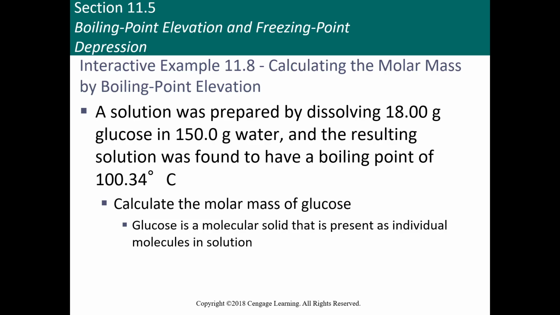Now, if you had something that splits apart, let's say something like sodium chloride. Sodium chloride is actually going to split into 2 particles, the sodium and the chloride. And thus, if you had 1 mole of sodium chloride dissolving, that's actually 2 moles of particles dissolving. If you had something like MgCl2, that would be an Mg dissolving and 2 Cl's, right?